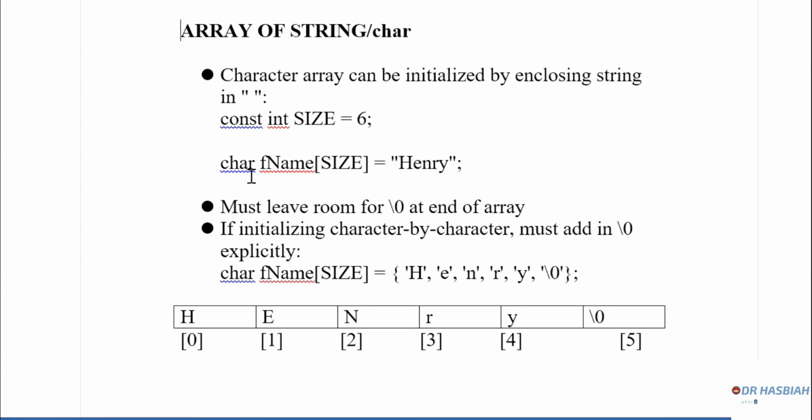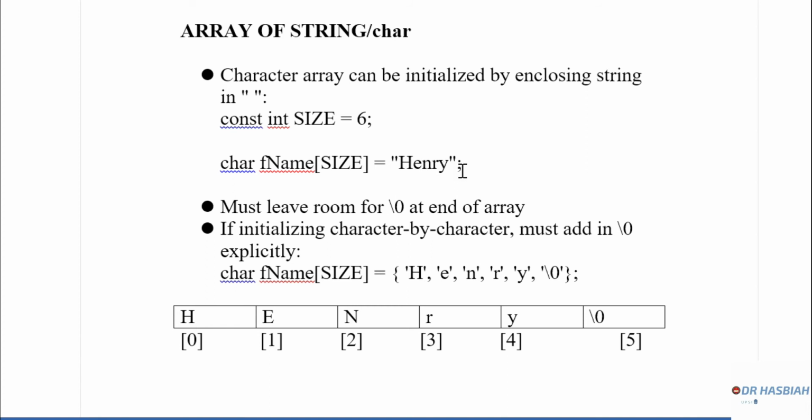So char fname[size], meaning char fname[6] equal to "Henry". Meaning here you want to input the char values in the box or in the array. So for the initialization, char fname[size] equal to Henry, you have to put the Henry between open and close double quotes and then a semicolon.